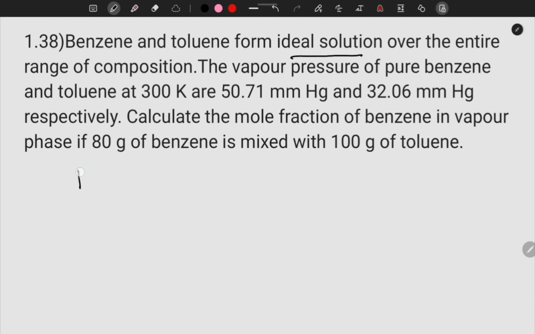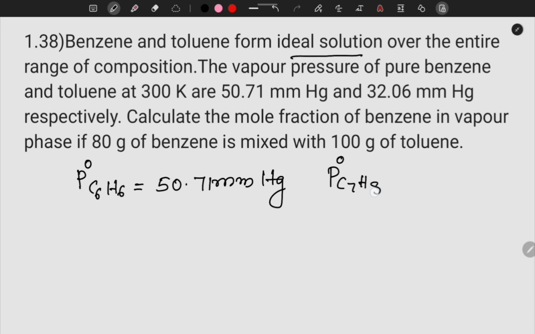So here the vapor pressure of pure benzene is given as 50.71 millimeter mercury, and P0 toluene, C7H8, is also given as 32.06 millimeter mercury.